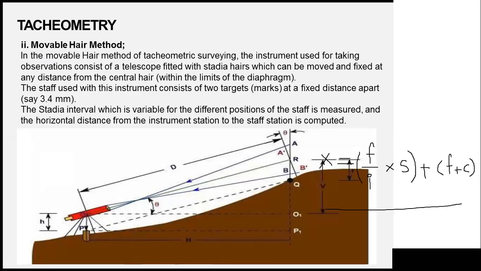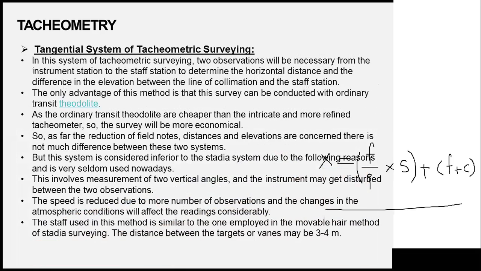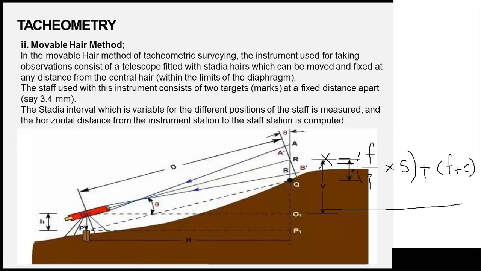Have a look at this capital D: capital D is the inclined distance and H is the horizontal distance.